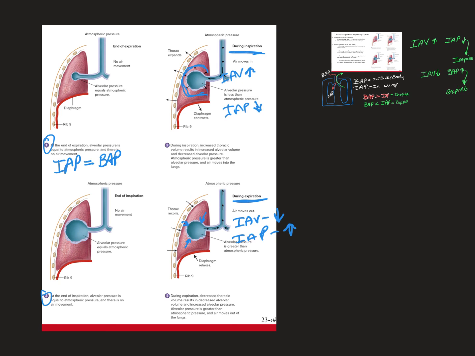Your muscles of expiration have to contract in order to start making that volume smaller so that the pressure goes up so that the air will then move again. It's not something you do consciously, right? But it is something that happens. So it's important that you remember that there are points during the respiratory cycle where intraalveolar pressure and barometric pressure will equal each other and air will stop moving.